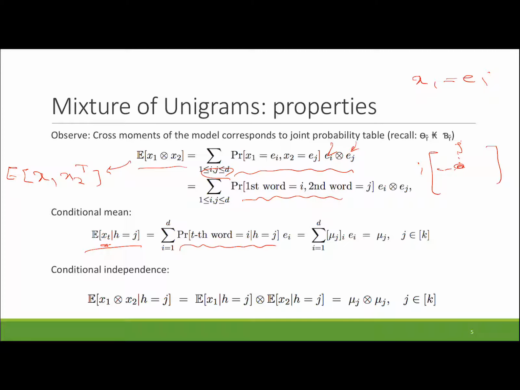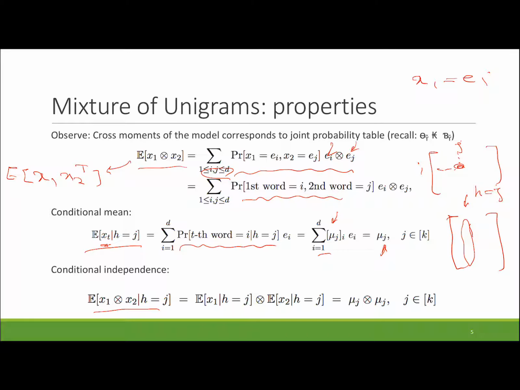And this is just going to be the jith entry in the topic word matrix. And summed over the entire dictionary, this is going to give me the jth column in the topic word matrix, right? So what this tells me is that given topic h, this vector is going to be the expected value of each word in the document given the topic.